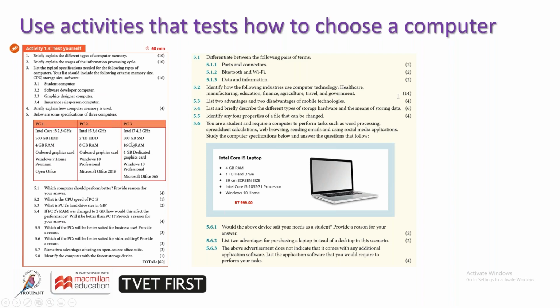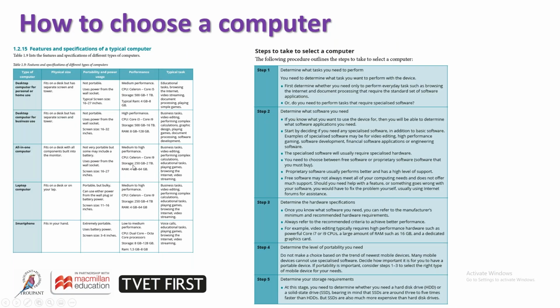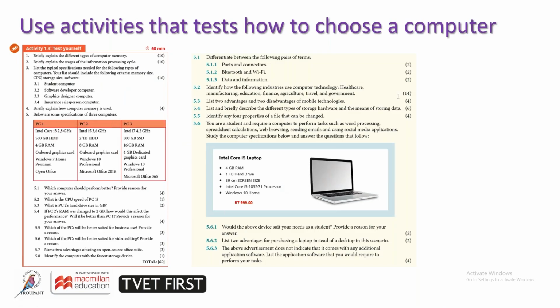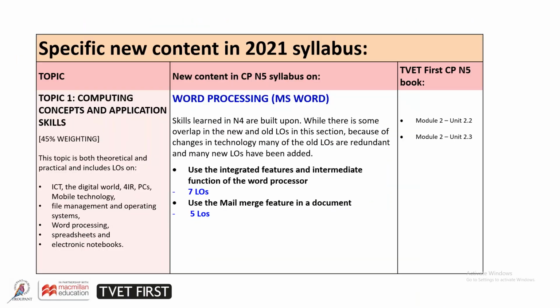So if you can maybe walk them through one or two questions of this nature, how to answer them, then they'll have a better understanding of how to actually use the table, because it's all given in the table, you know. So how to use a computer, what typical tasks do they actually need. So if you walk them through it, and especially how to follow the 5 steps, then they have an idea how to do it, and then they should be fine.